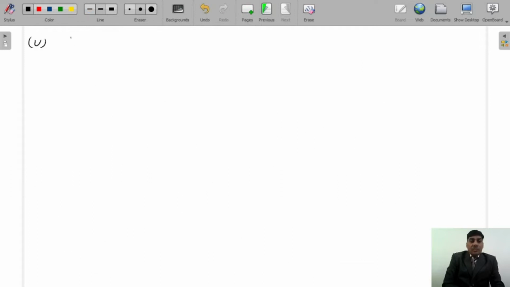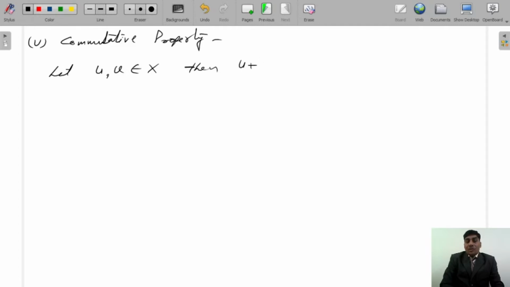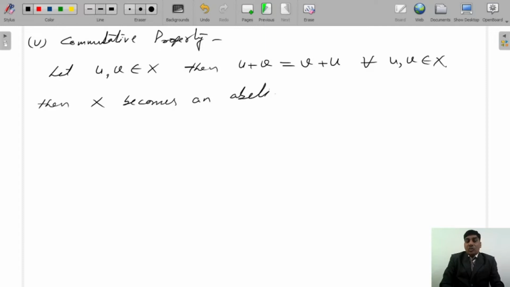Fifth property, commutative property. Let u, v belong to capital X, then u plus v is always equal to v plus u for every u, v belonging to capital X. Then X becomes an abelian group with respect to addition.